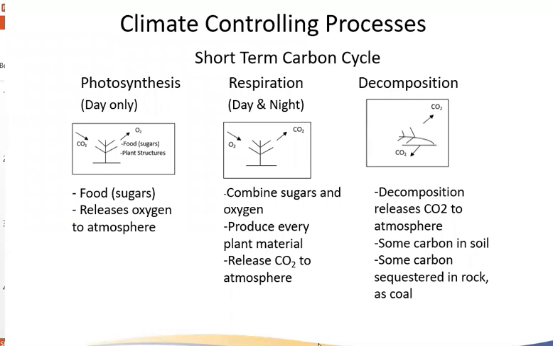In that process, they consume oxygen and release carbon dioxide in the atmosphere, just like we do when we breathe. To the far right then, when the plant dies, decomposition recombines carbon in the plant with some of that oxygen that the plants produce that's in the atmosphere, and releases carbon dioxide back into the atmosphere again. But not all the carbon recombines with oxygen.